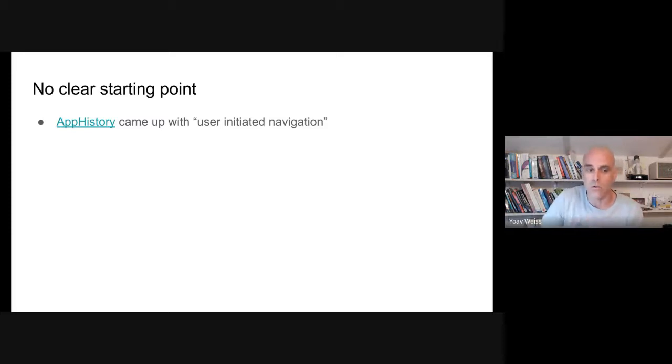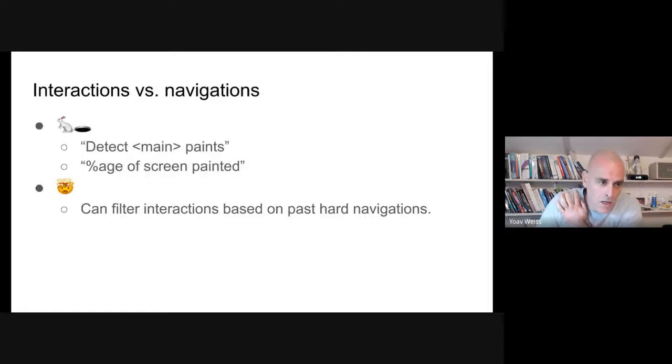That seems like a good direction to steer developers towards. It also gives us a very clear start point for such navigations. And while app history solidified that concept, maybe it's a concept we can also borrow for traditional history API navigations, potentially.